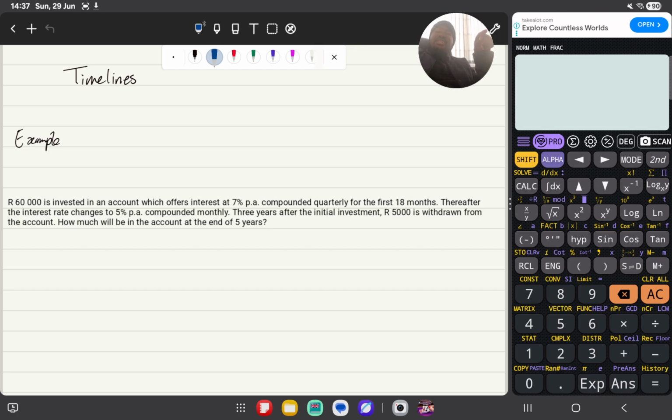Remember now, the initial investment was 1,000 rand. After year two, I invested 5,000 rand more, right? And then in year four, I withdraw 2,000 rand. You see that. Then we can ask you a question like, how much money will I have in my account at the end of year six?